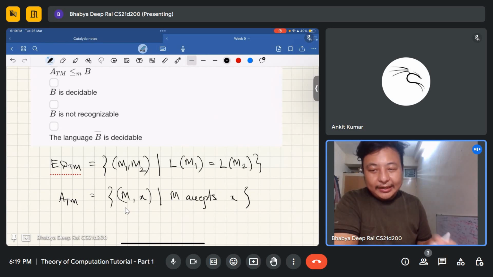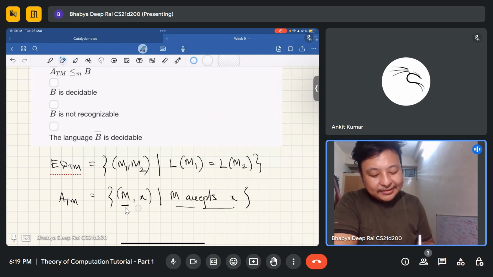M is a Turing machine and X is an input to M. The language version is the set of all pairs M and X such that M accepts X.